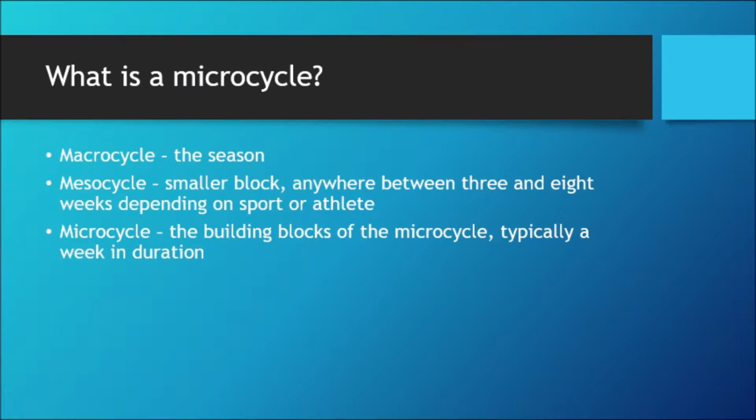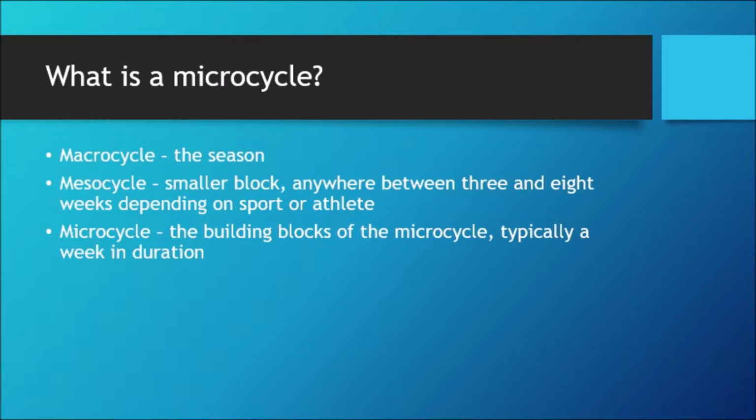So a macrocycle is the largest block. It's typically the entire season, but that's not always the case. The mesocycle is how we break up the macrocycle, and that's typically what we use to designate training blocks. So this could be a block of training where we focus on one specific physical attribute that we want to maximize development of.